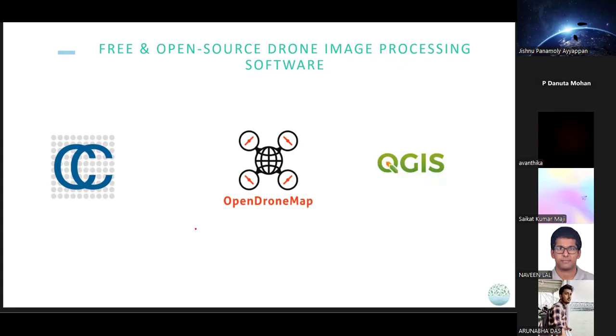So these are a few open and free drone image processing software. Another commercially available software used to generate digital surface models is Global Mapper. That is also very handy and user friendly.